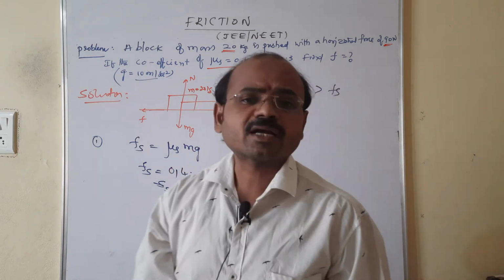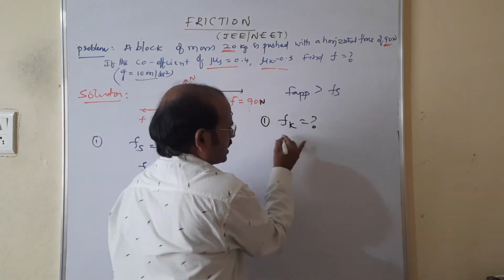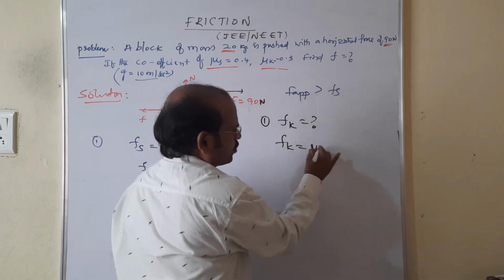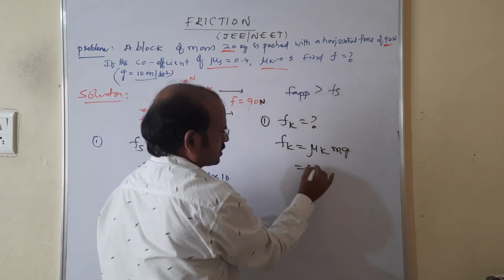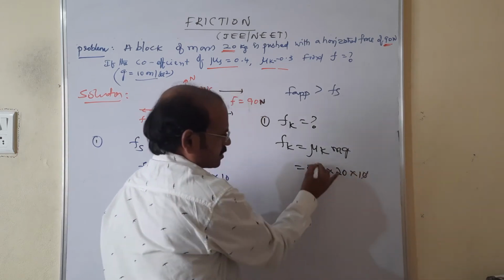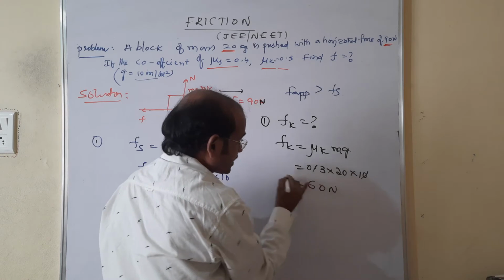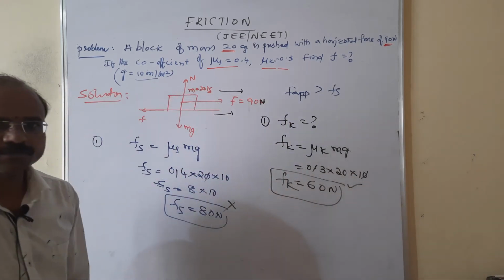Now we need to get the kinetic frictional force, Fk. Fk is equal to mu k into mg. Mu k is given as 0.3, m is 20, g is 10. So it is 60 Newton, which is our answer. This is the correct answer, not 80 Newton.